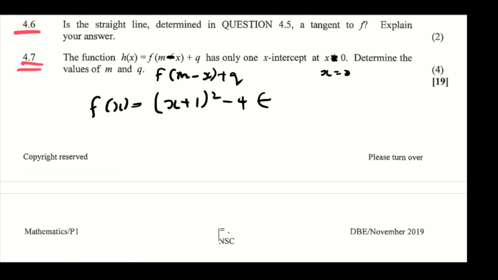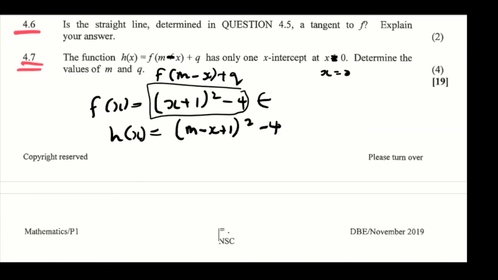So now we can substitute. We can say h of x is equal to f with m minus x put in place of x, so (m minus x plus 1) squared minus 4. I'm literally putting m minus x at the x, hence we have m minus x and then plus 1, and the same goes with the minus 4.